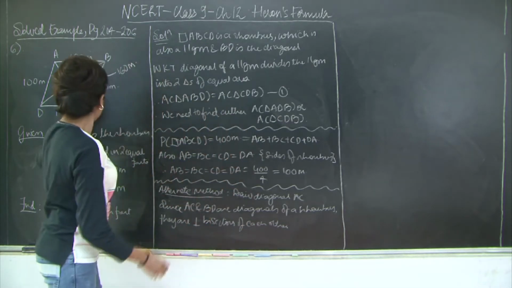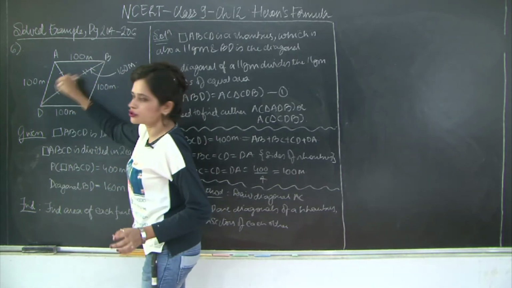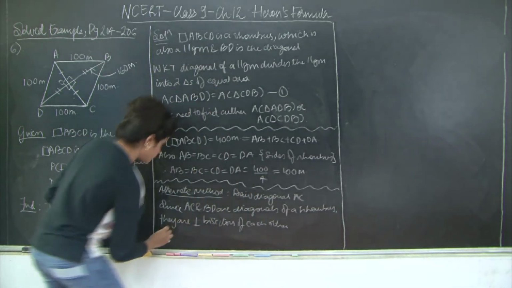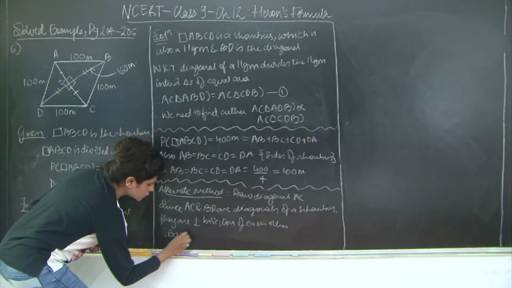Right? Therefore, now we just need to show that BO is equal to OD, because we are going to find the area of these triangles, right? So I'm just going to say therefore BO is equal to OD.